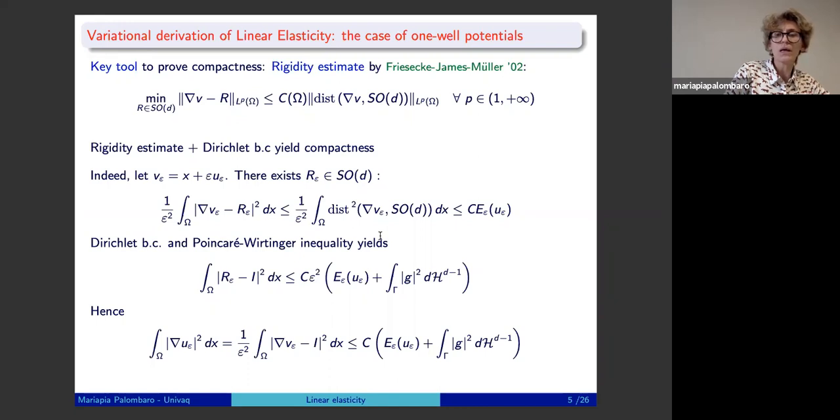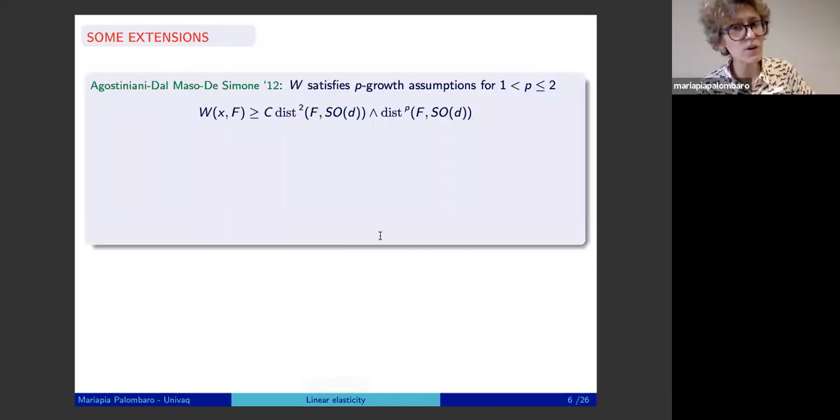Okay. So later, several extensions of this result appeared, always in the case of one well energies. The first extension, due to Agostiniani, Dal Maso, and De Simone, deals with densities that satisfy mixed growth assumptions, so are bounded from below by the minimum between the square distance from the set of rotations and the p distance from the set of rotations, where p can also be less than 2.